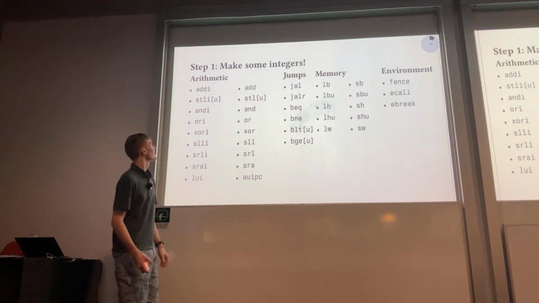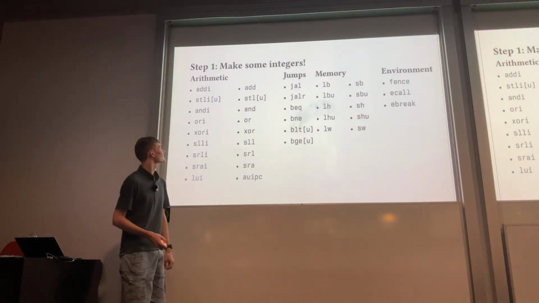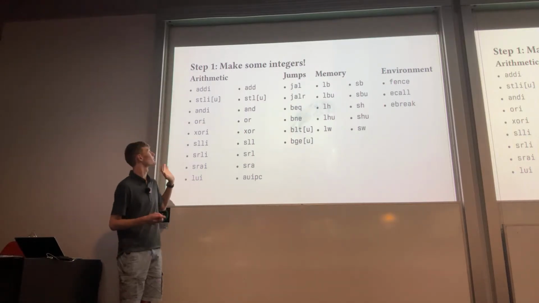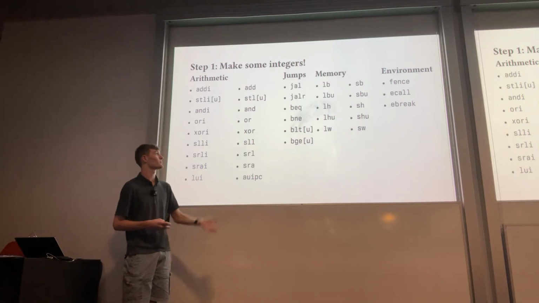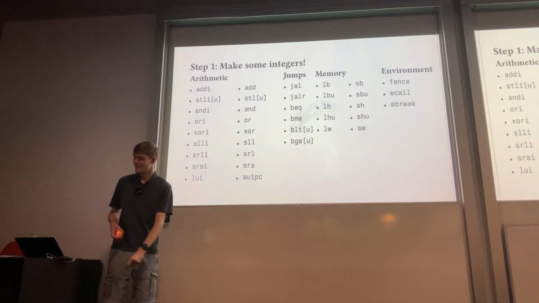Speaking of, here are the instructions. I think there are 27 on this slide, but that's not really important. We've got basic arithmetic between registers, jumps and branches, memory stores and loads, and a way to interact with the environment.